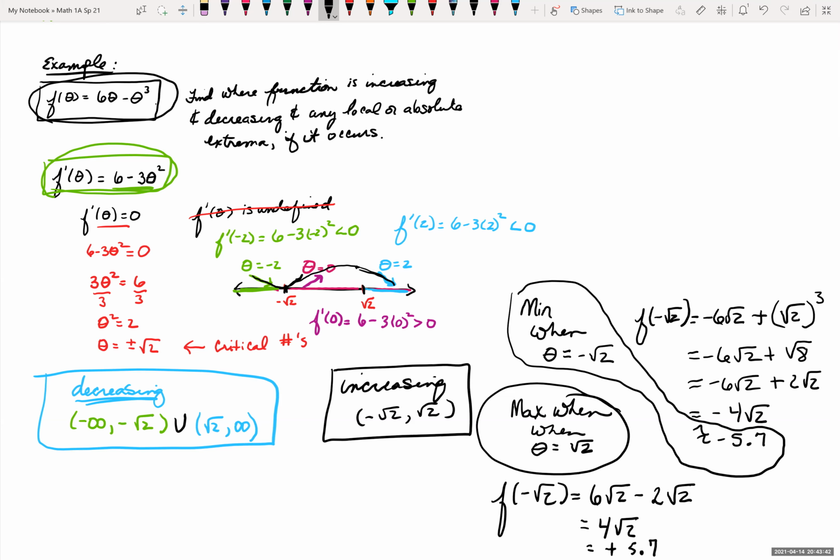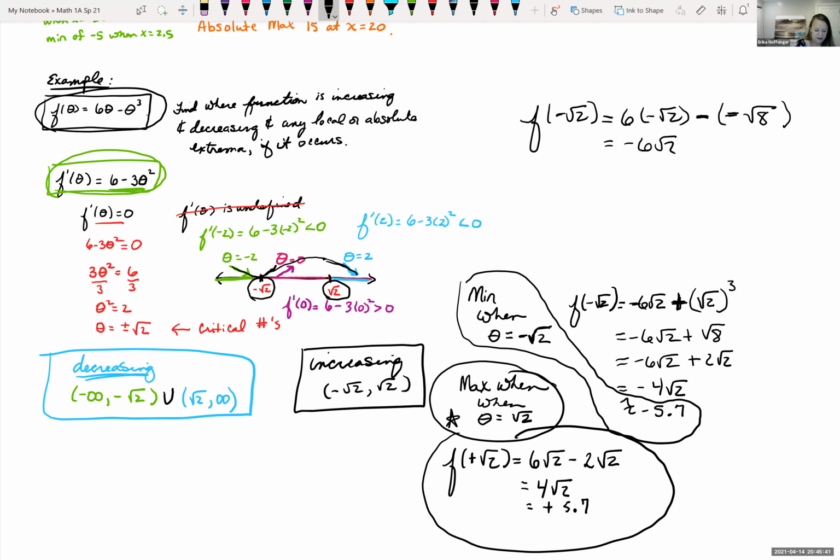Professor, the first time you did it, you plugged in a negative root 2. Hold on. Okay, so right here, this should have been a plus. But when I plugged it in, I plugged it in as positive root 2. And so the max value is 5.7 when x is positive root 2.